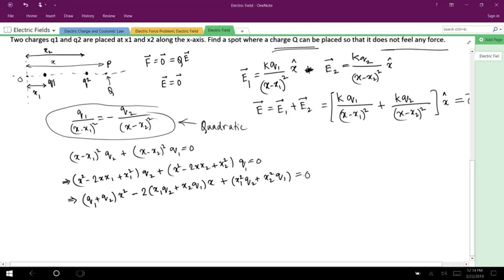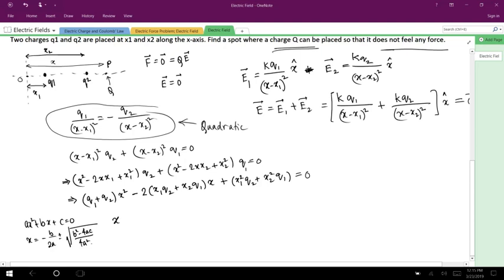And as you can see, this is a quadratic equation, and the solution is not very difficult. We know that the solution to quadratic equations of the form, just to remind you, ax squared plus bx plus c equals 0 looks like x equals minus b over 2a plus or minus square root of b squared minus 4ac, over, if we put the 2a inside the square root, we get 4a squared.